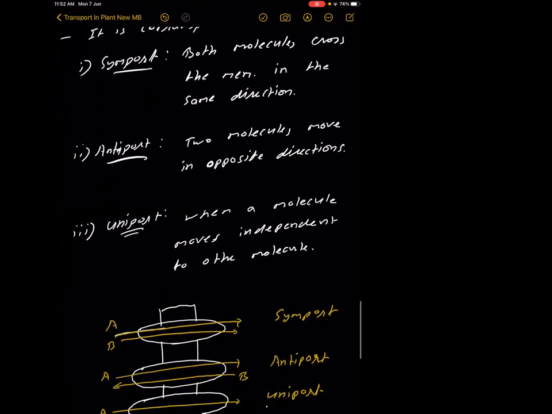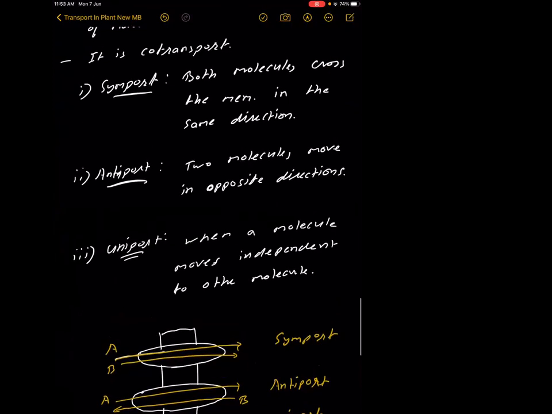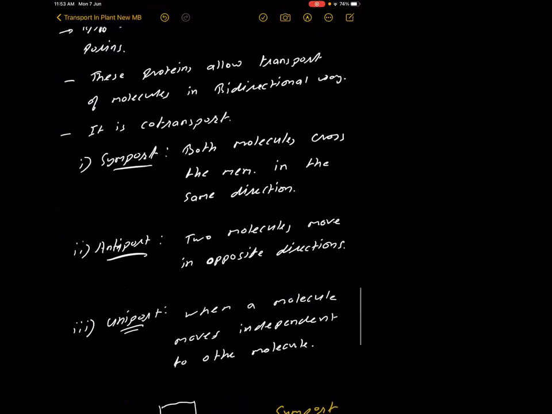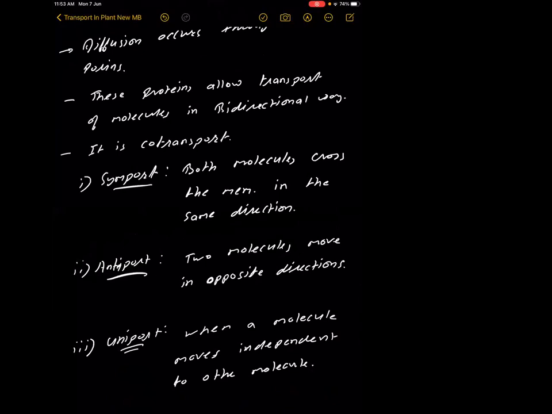Yes, this is antiport, symport, and uniport. Both the molecules cross the membrane in the same direction, so it is symport. If the direction is different, opposite, it is antiport.